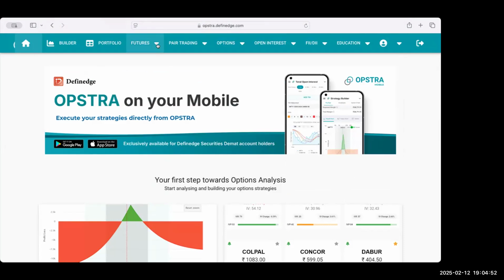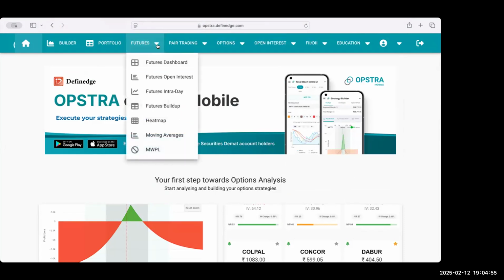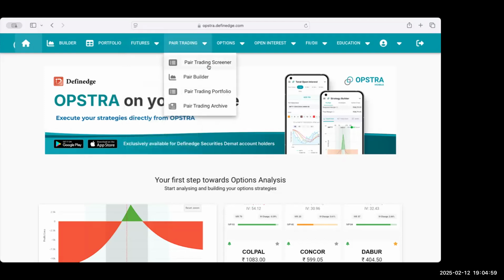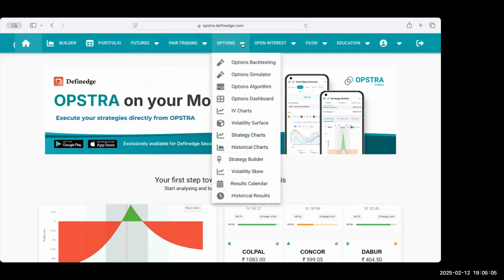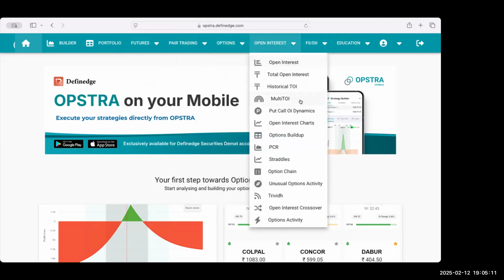You will get this page. On this page, there are a lot of elements. One is your futures dashboard, how futures work, pair trading, how the pair screener works, how to build pairs. In options, there are backtesting, simulator, strategy, volatility, open interest. There are a lot of things to understand.